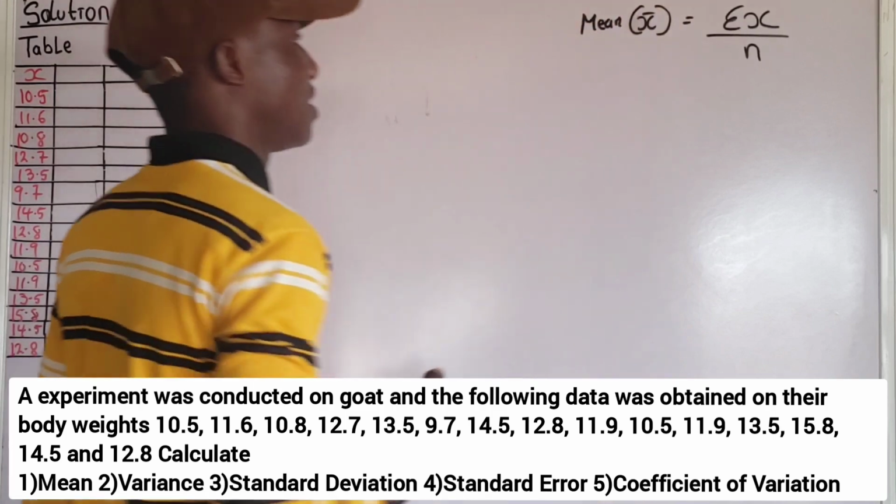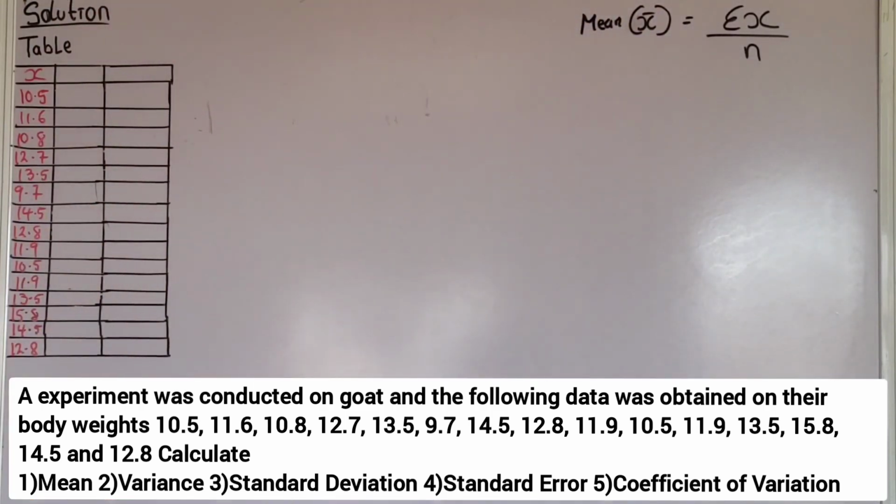Because this is ungrouped data, it is easy to calculate the mean. All you have to do is sum all the values of x and then divide by the count. The sign that you see here is summation, and summation x simply means the sum of all the values of x that we have.